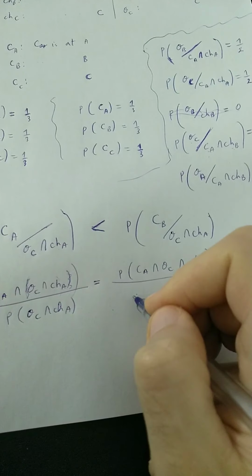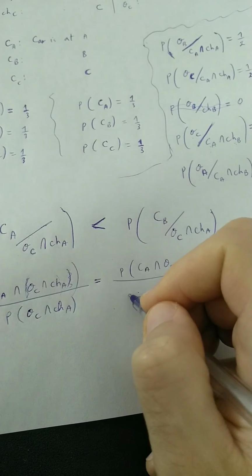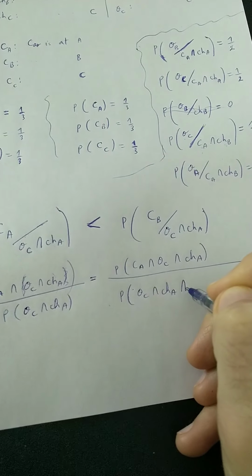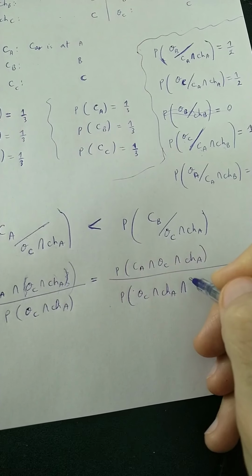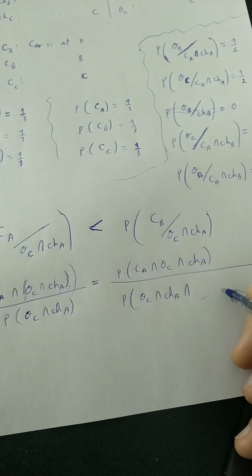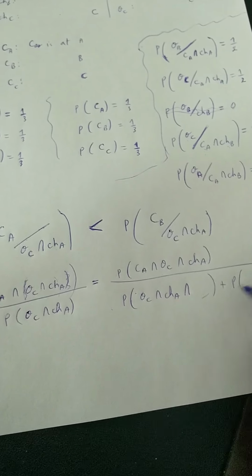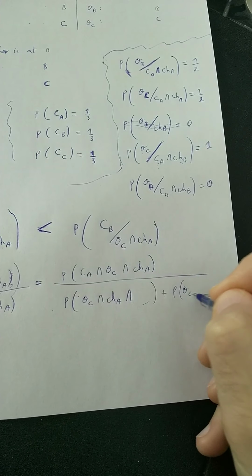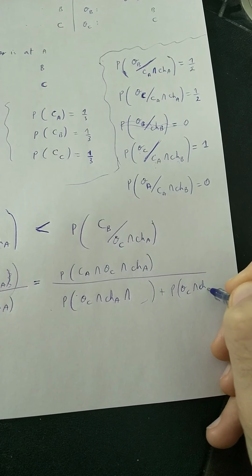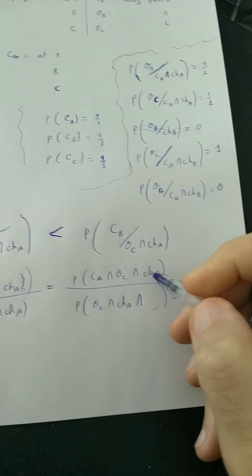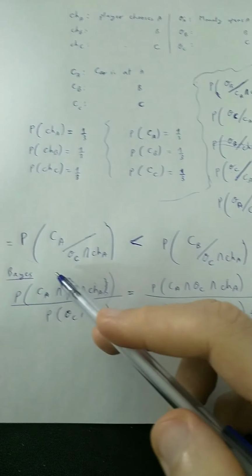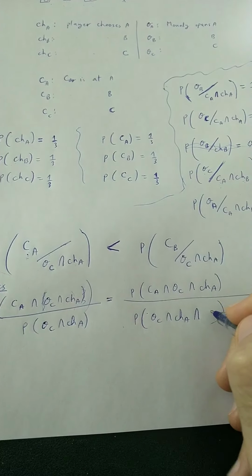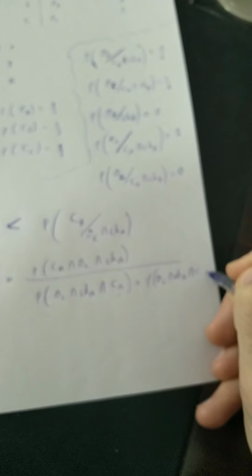Now here I will introduce the intersection thing, plus the probability of this same thing intersection its complement. Actually, Bayes' theorem suggests that we use this, CA and not in CA.